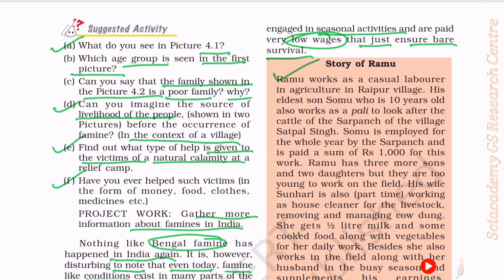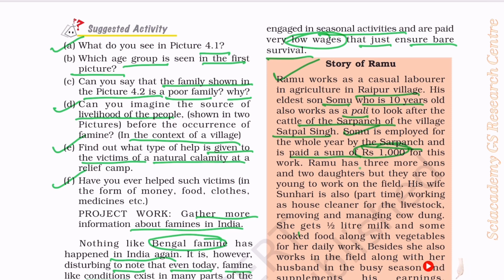Story of Ramu. Ramu works as a casual laborer in agriculture in Raipur village. His eldest son Somu, who is 10 years old, also works as a pali to look after the cattle of the Sarpanch of the village, Satpal Singh. Somu is employed for the whole year by the Sarpanch and is paid a sum of rupees 1000 for this work.